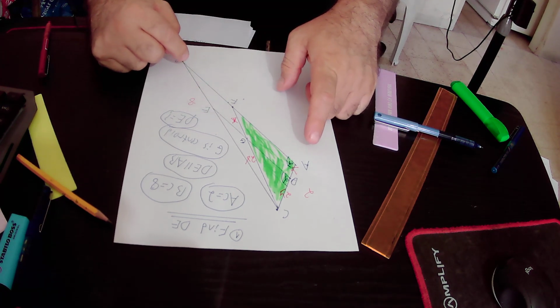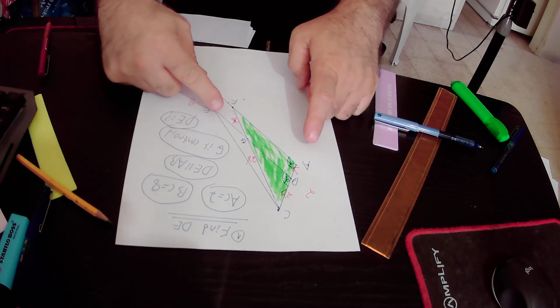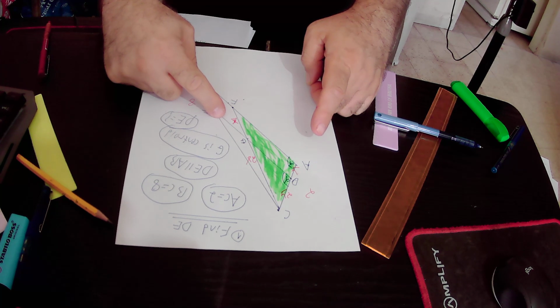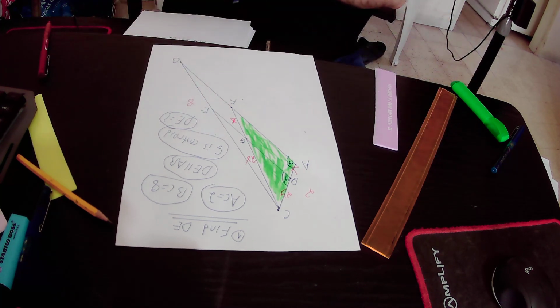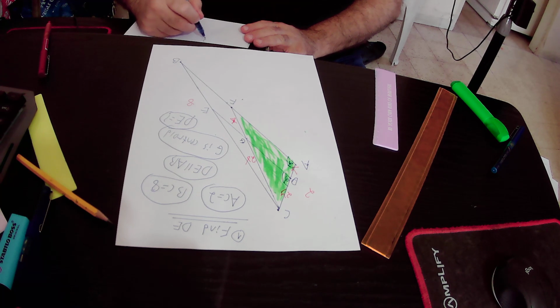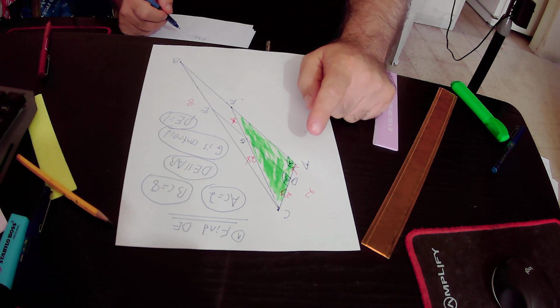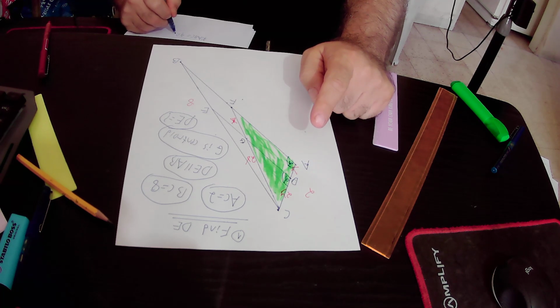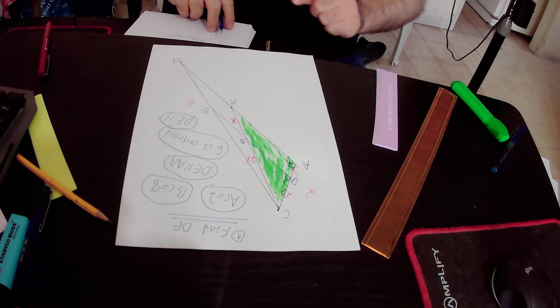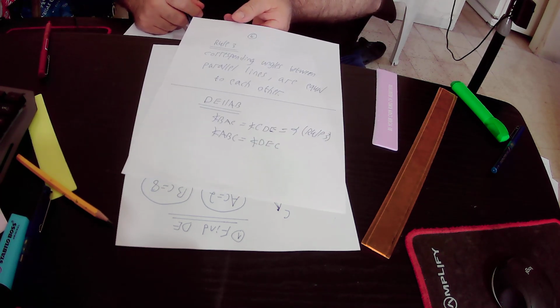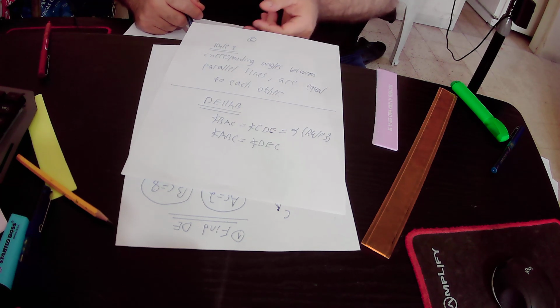Line DE is parallel to line AB, so those two angles will be equal to each other. That is to say, angle ABC will be equal to angle DEC according to rule number 3.